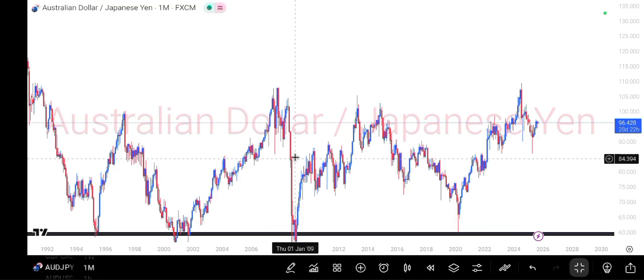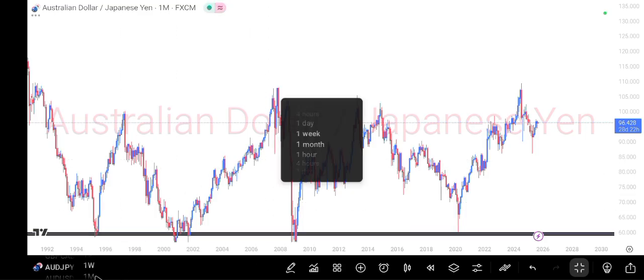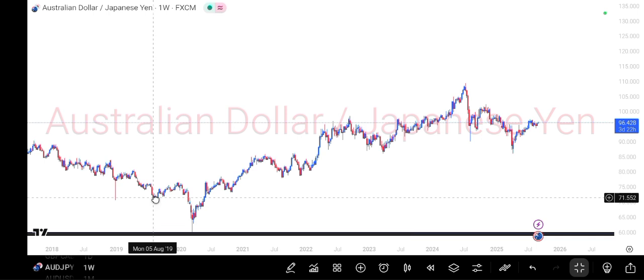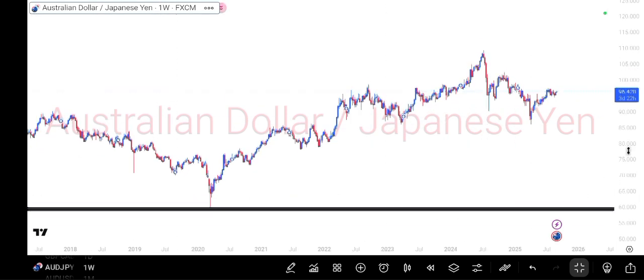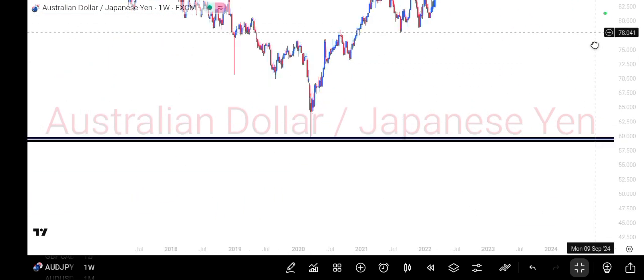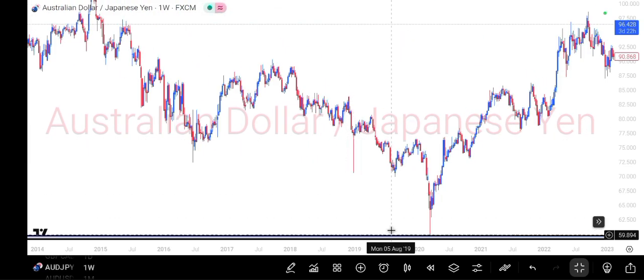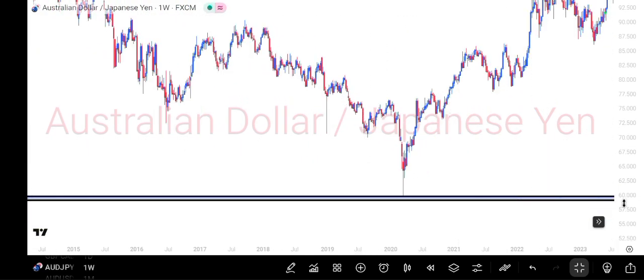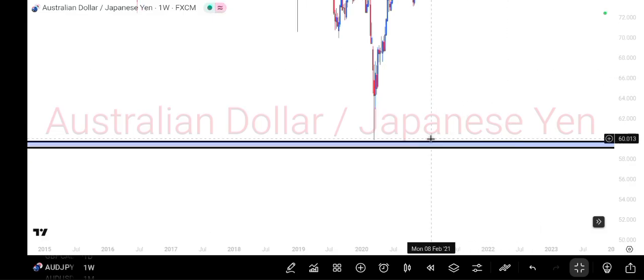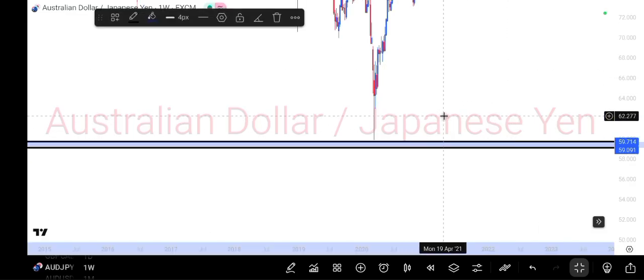So we have gotten the direction on the monthly: we are still in an uptrend, bullish. The market is bullish for the month. So I'll go to the weekly time frame to plot key levels. On the weekly time frame, I'll have to clone this level. I'll first of all check if I'm satisfied with the length of it.